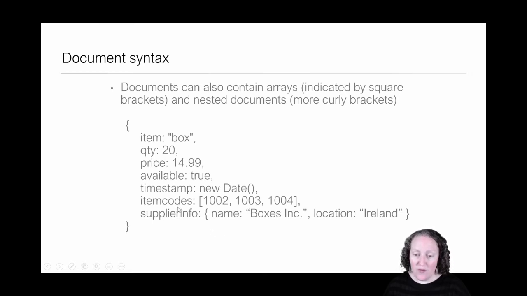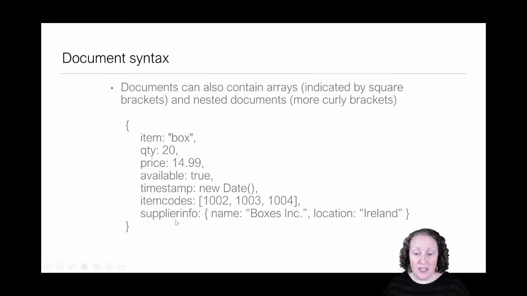You can see here we've added an entry called item codes, and that is an array of numbers or integers. Arrays are indicated by square brackets, which you're probably used to from the programming that you've done. So arrays are square brackets and documents are curly brackets.